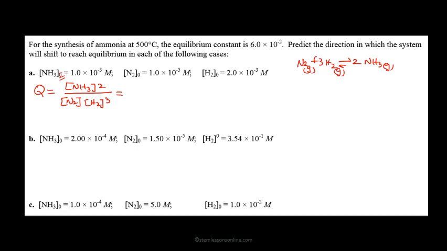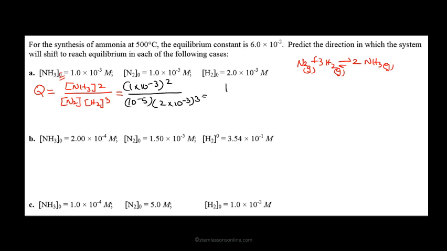What we can do here is substitute the values. That is 1 times 10 to the power negative 3, to the power 2, divided by nitrogen, which is 10 to the power negative 5, and hydrogen, 2 times 10 to the power negative 3, to the power 3.